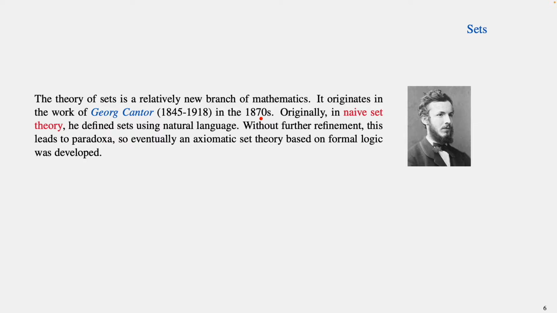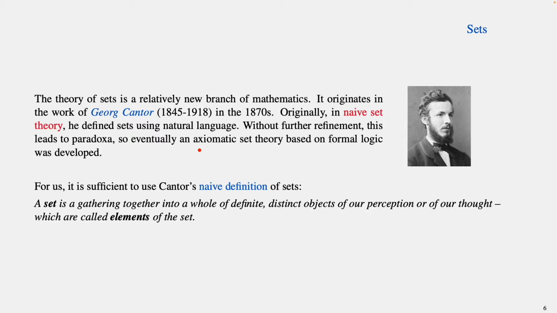He originally defined sets using just natural language. But without any further refinement, this naive definition led to paradoxes. So it was eventually necessary to create a more refined set theory based on formal logic, and this was called the axiomatic set theory.